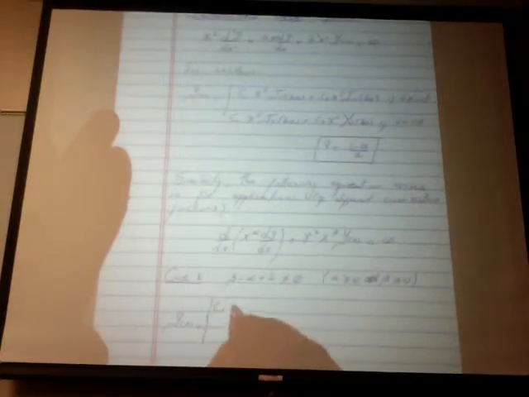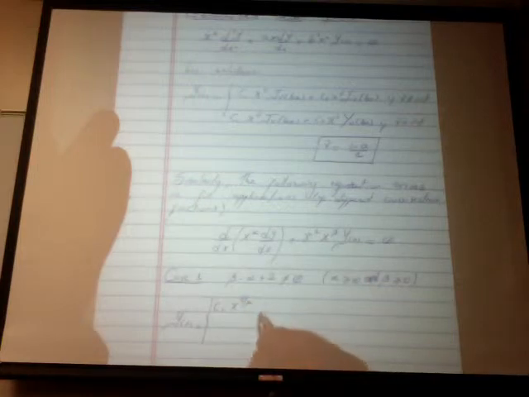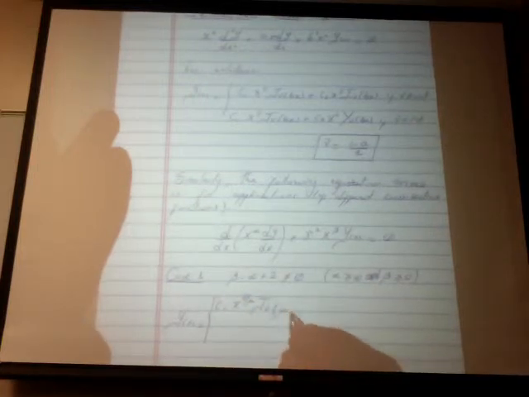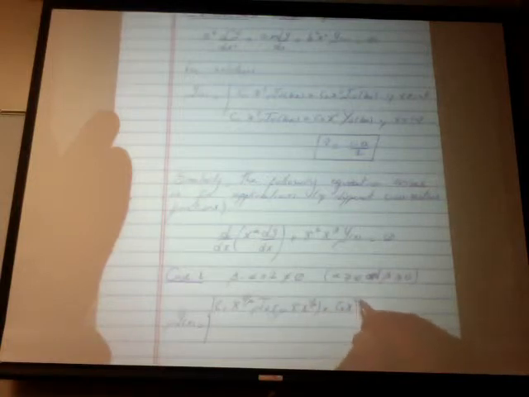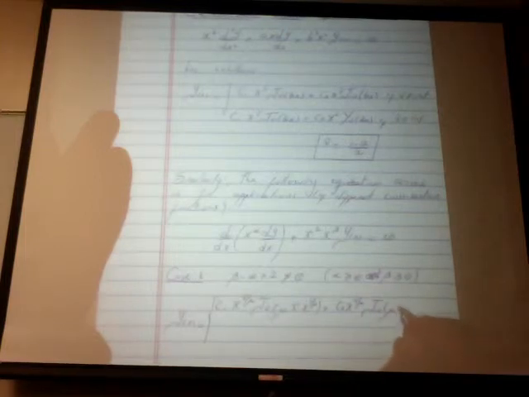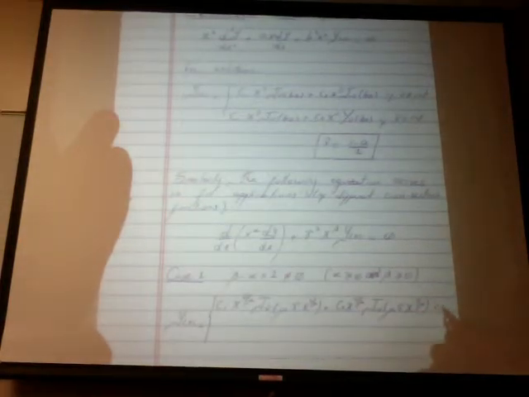That will lead to a solution y of x equal to C1 x to the nu over mu J nu mu gamma x to the 1 over mu plus C2 x to the nu over mu J minus nu mu gamma x to the 1 over mu, if nu is not an integer.